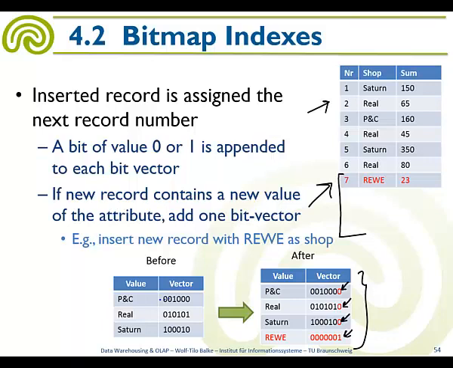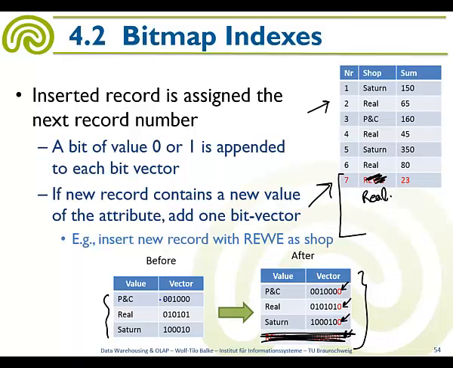You have two alternatives. Let's assume for now this was Real. So this is our original bitmap index. We had only 3 shops here, Peek and Kloppenberg, Real, and Zatron. Assume for now this didn't happen. We added a new tuple, and this was Real.